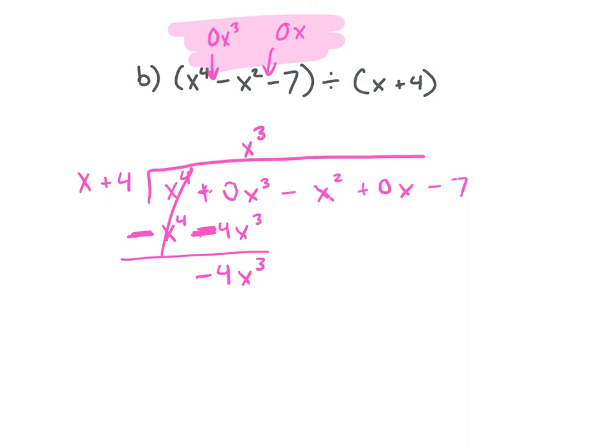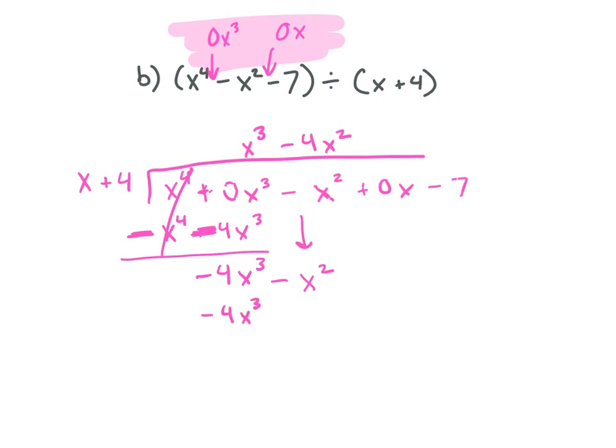We can drop down this negative x squared. So what times x gives us negative 4x cubed? Negative 4x squared. Perfect. What do we do next? Multiply. Negative 4x squared times x would be negative 4x cubed.